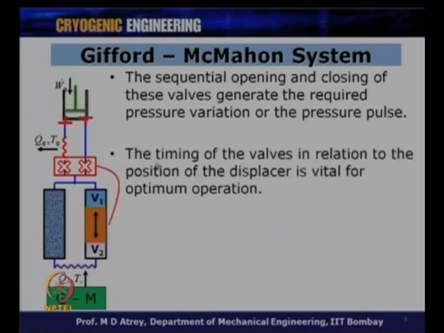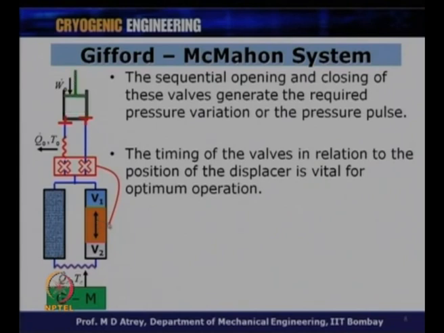Also, the timing of the opening and closing of the valves is in relation with the position of the displacer, and this is very vital for optimum operation. So, when does my high pressure valve open? According to that, the displacer motion should be influenced. When this valve opens, where should the displacer be? When the low pressure valve opens, where should the displacer be?